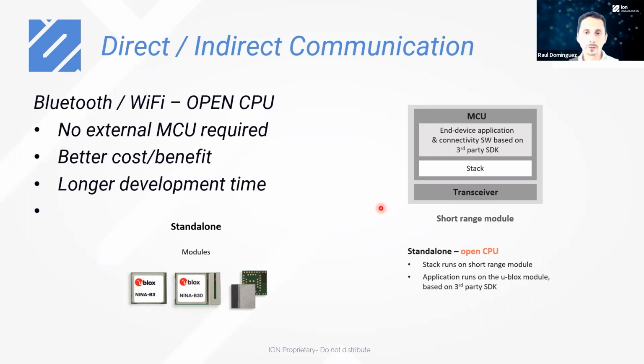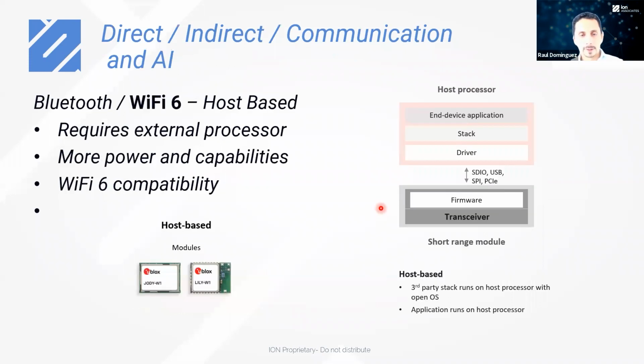So you need to use the stack provided by the chipset vendor, and then program it according to your needs. So you can use it as the central processor unit for your device, and also use it for communication. Next, please.